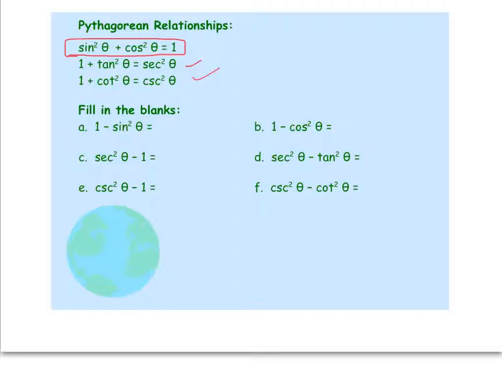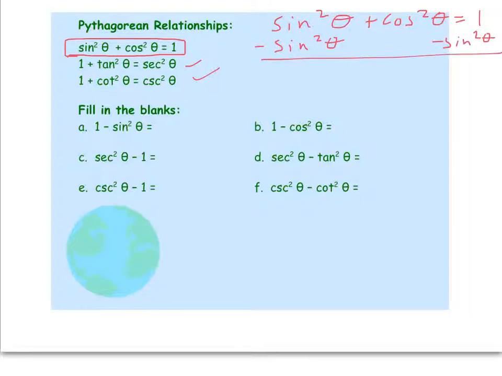For example, 1 minus sine squared. If I were to take this first one, sine squared plus cosine squared equals 1, and subtract sine squared, that leaves me with the same expression just rearranged.